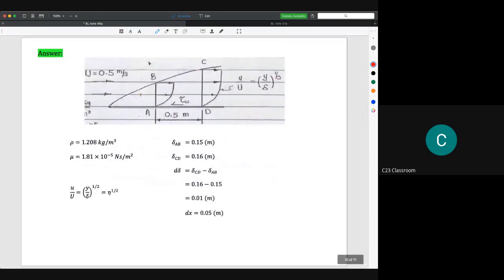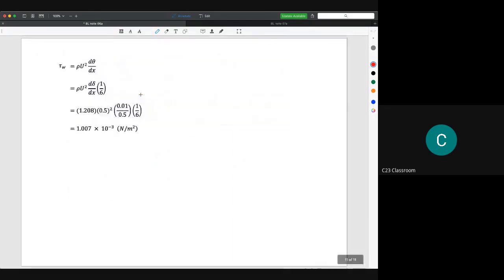First, what we need to do is calculate the shear stress. According to the von Karman integral equation, we have rho U squared d theta over dx, so we could write it as rho U squared d over dx of theta.